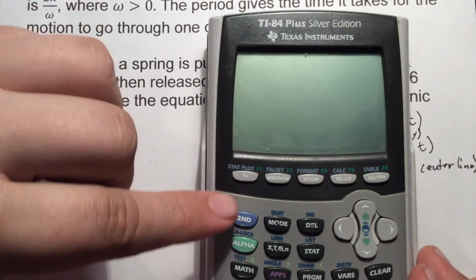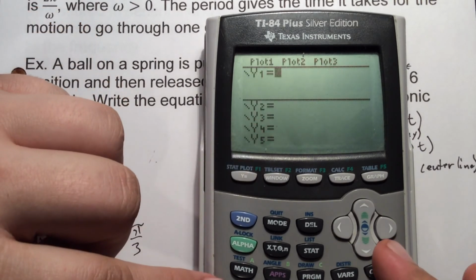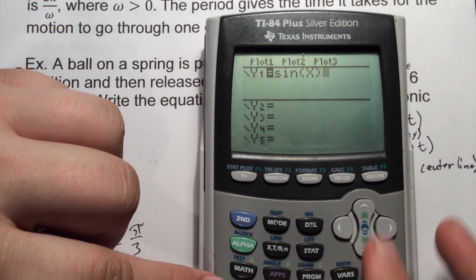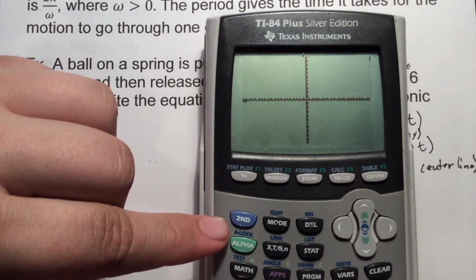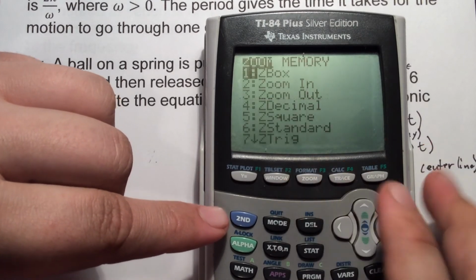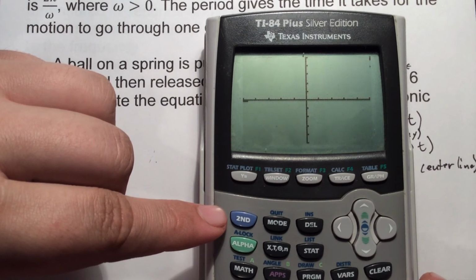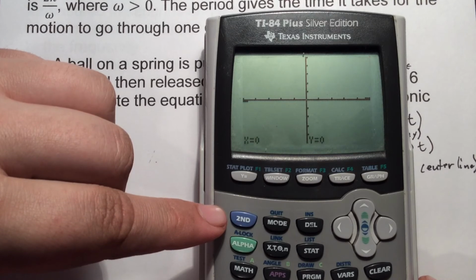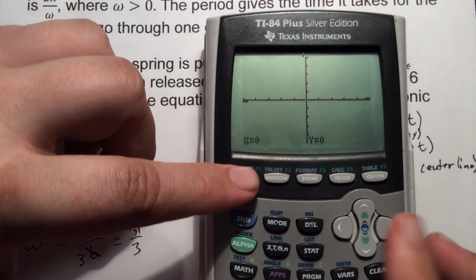If we go to our graph, I'm going to go into my y equals, and clear out what I have. If I just go sine x and hit graph, of course it's going to take a moment because I'm really zoomed out. So I'm going to zoom in. Let me zoom in even more.